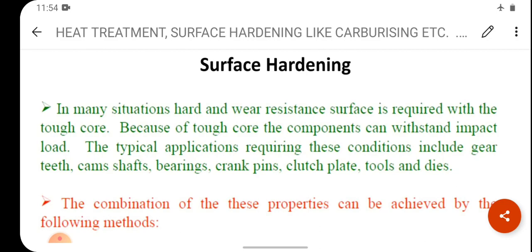Because of the tough core, the components can withstand impact load. The typical applications requiring these conditions include gear teeth, camshafts, bearings, crank pins, clutch plates, tools and dies. These are the examples of surface hardening process. These are the applications.